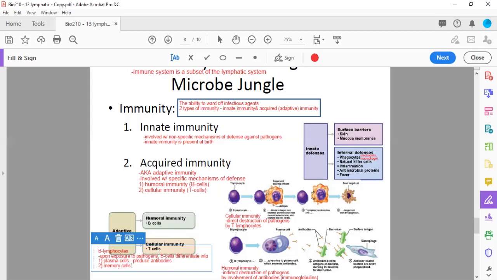But what we can say is that memory cells have the ability to differentiate into plasma cells when the memory cells are exposed to the same pathogens as seen before.